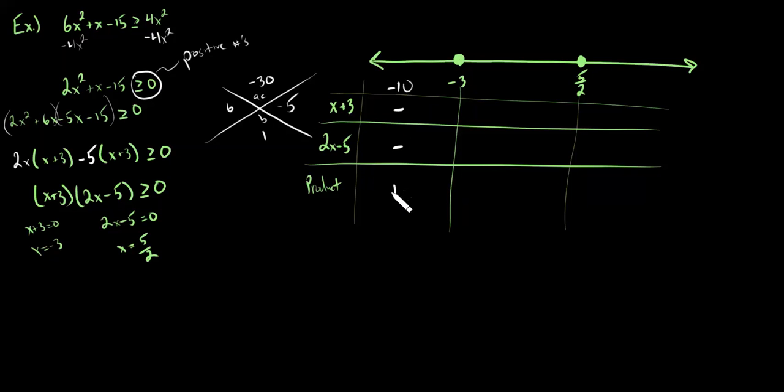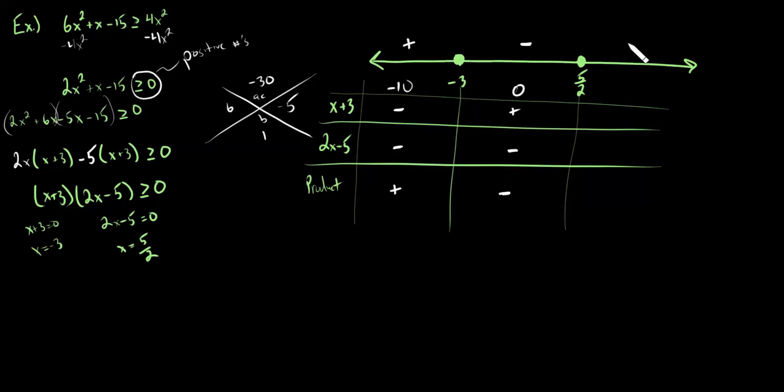Two negatives multiplied together get us a positive, so this interval will be positive, and that's going to be part of our answer because we want it to be positive. Now I have to test the other two intervals. I can pick a number between -3 and positive 5/2, something like 0. 0 plus 3 is positive, and 2 times 0, minus 5, is negative. A positive times a negative is a negative, so this interval would be negative.